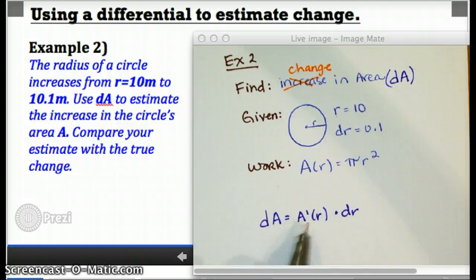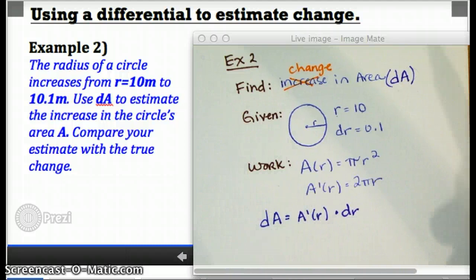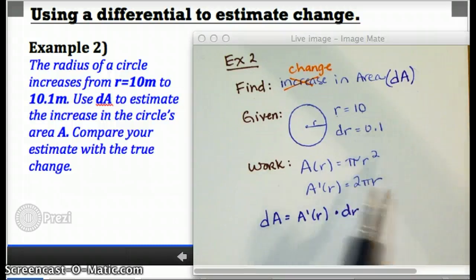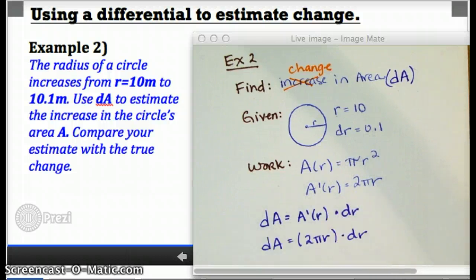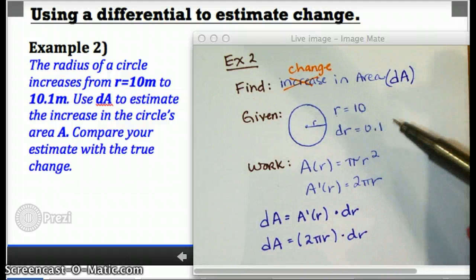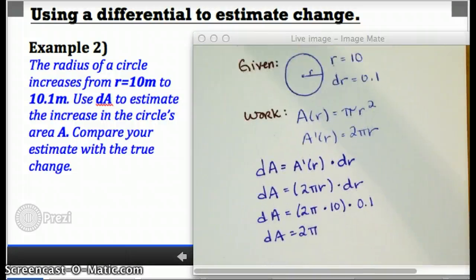So all I need to do is figure out the derivative. That's pretty easy. That's just a normal power rule. Remember, pi is just a number, so there's no product rule. And then I just plug the differential equation in to the two pieces. And finally, I can plug in the radius and the dr value. And we end up with dA equals 2 pi.